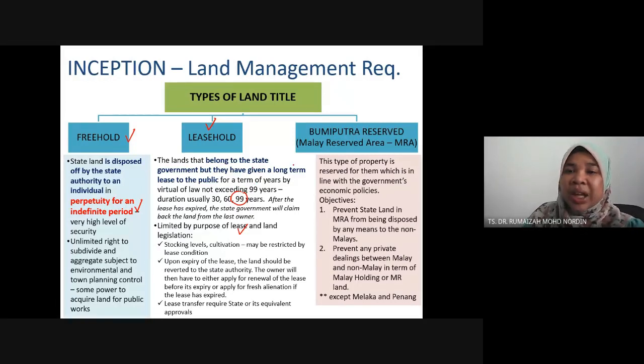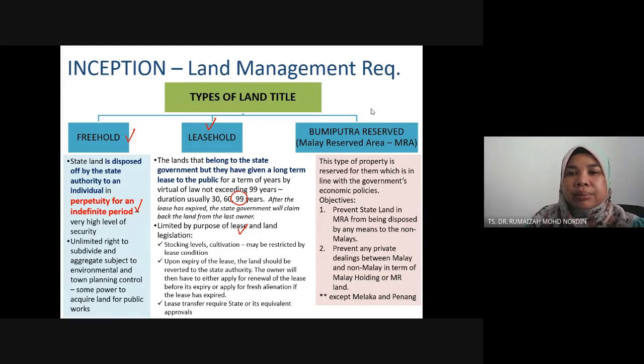Okay, and then we have one more, Bumiputra Reserve Land. Okay, ini adalah diorang panggil Malay Reserve Area ataupun Rizab Bumi. So sebenarnya tujuan utama we have this Bumiputra Reserve was actually to prevent state land under Malay Reserve Area to be disposed ataupun dijual kepada non-Malay, and then to actually preserve the ability of Bumiputra to have their own land.